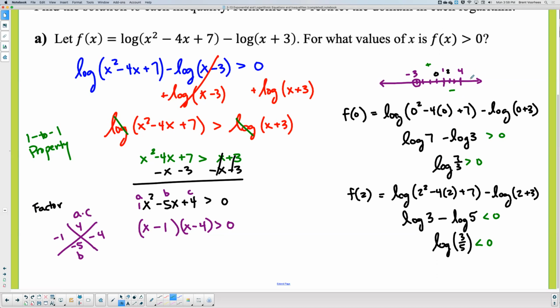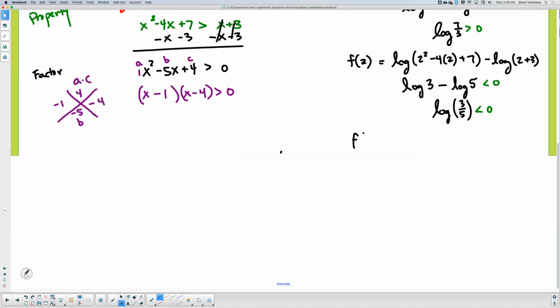Now we're going to pick up a number bigger than 4. How about we pick the number 5? So any number bigger than 4, I'm just going to select a 5 and let's test that value. So if I plug in a 5, let's see what we get here. F of 5 would be log 5 squared minus 4 times 5 plus 7 minus log of 5 plus 3.